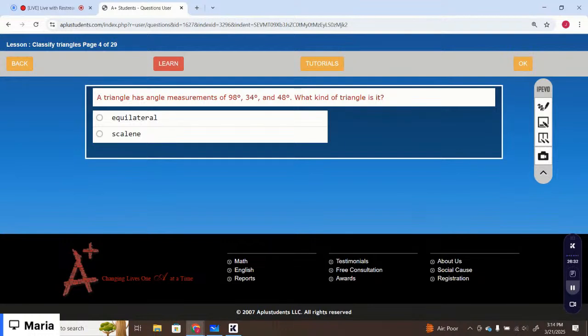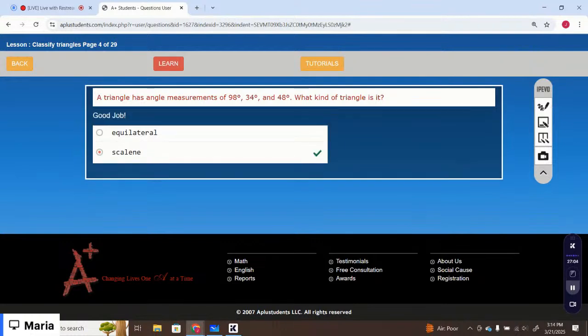What kind of triangle is it? Scalene triangle.